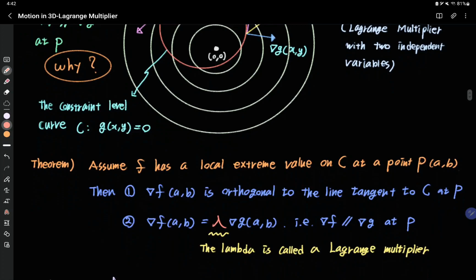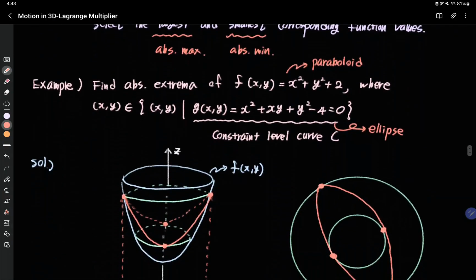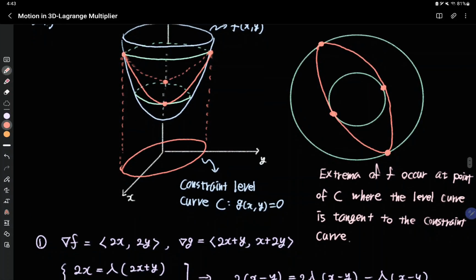Those points are not only on the constraint curve, but also on the level curve of f. That's why f will have extrema at those points.